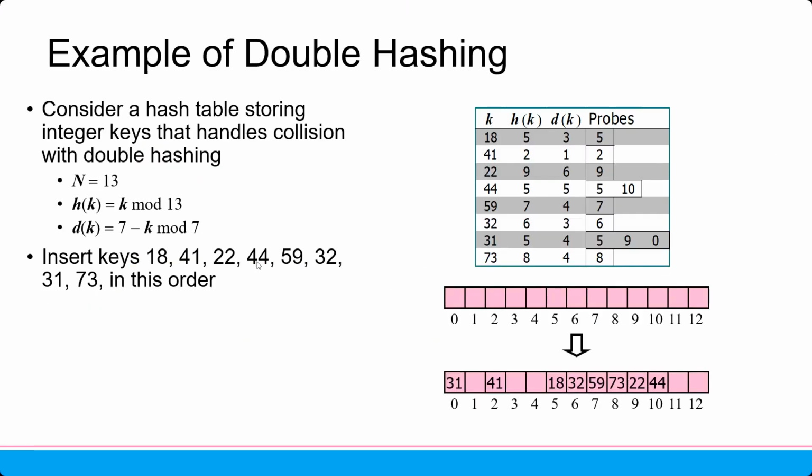Now, how can we handle the collision with double hashing? Consider a hash table storing integer keys that handles collision with double hashing. So we have the keys k, the numbers that we used in the previous example: 18, 41, 22, 44, 59, 32, 31, and 73.